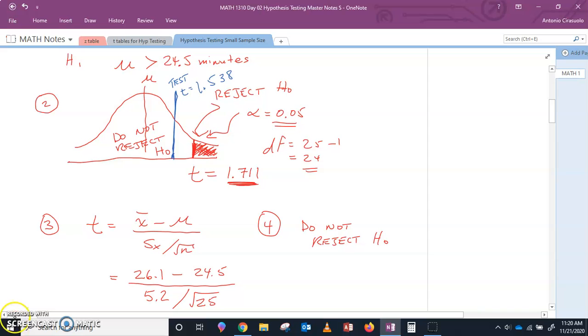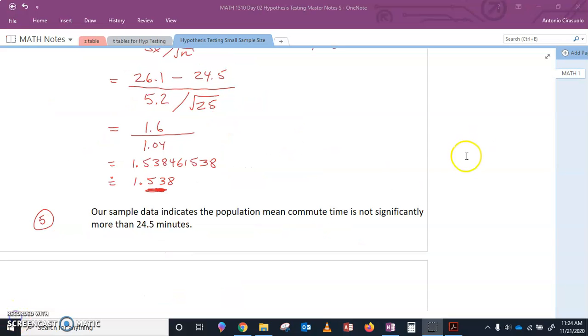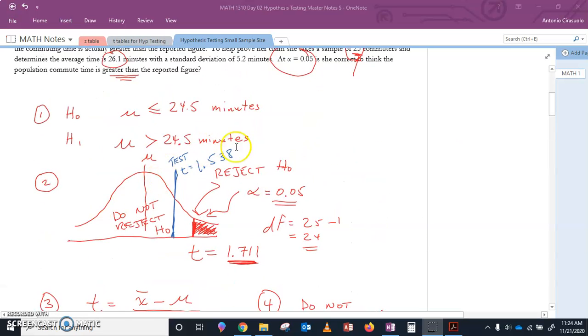And then the last thing we do is, well, let's report our findings. What does this actually mean? And our final conclusion is that our sample data indicates the population mean commute time is not significantly more than 24.5 minutes. So once again, our final statement is based on H1, right? It's based on making use of this hypothesis here.